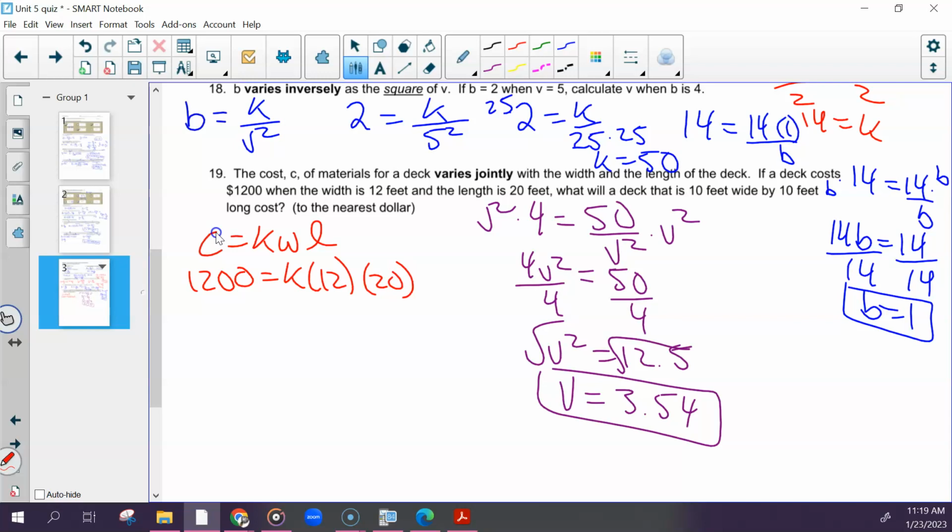So you would put those numbers in and start to solve for K. So multiply 12 and 20 together to get 240. Divide both sides by 240. I think that was 5.